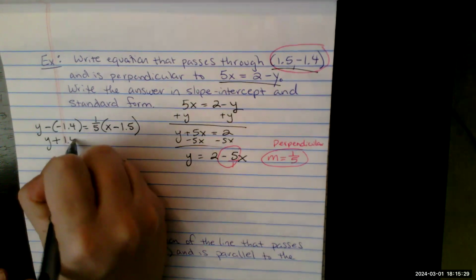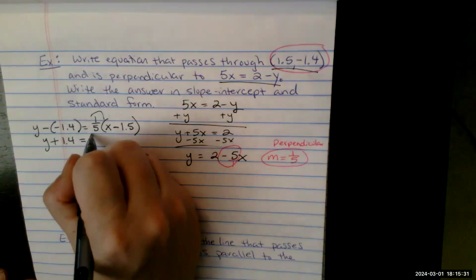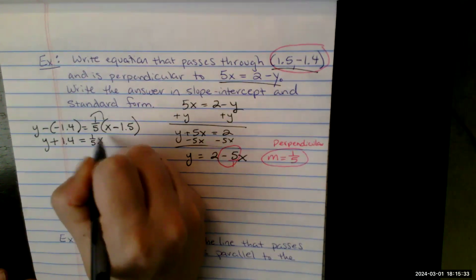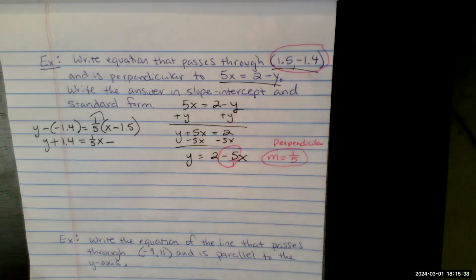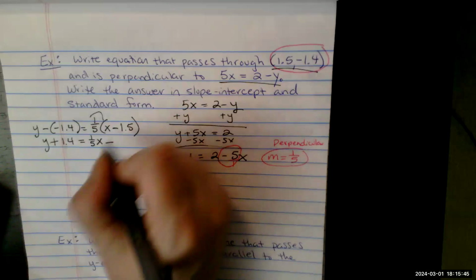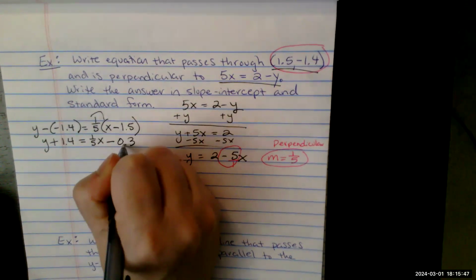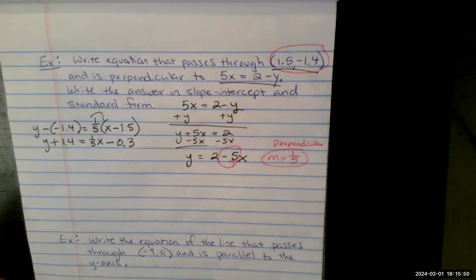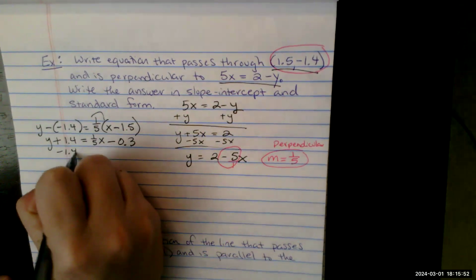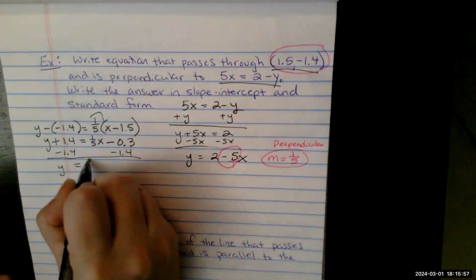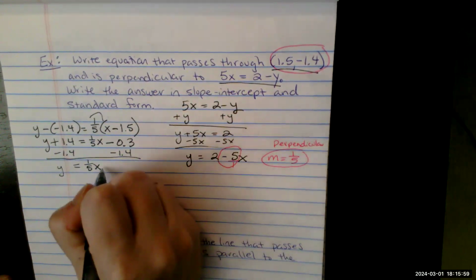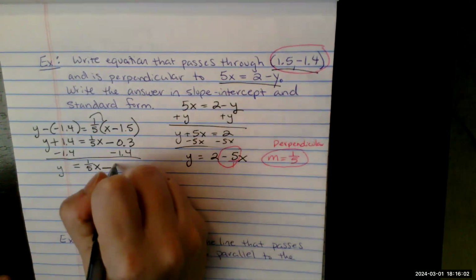Minus a negative is plus. 1/5 times x is 1/5 x. 1/5 times the negative is going to be negative, but I'm going to go ahead and just use my calculator for this one. 1/5 times -1.5 is negative, which we already knew, 0.3. I'm going to leave that as a decimal for now. Minus 1.4 on both sides. Y equals 1/5 x minus 1.7.